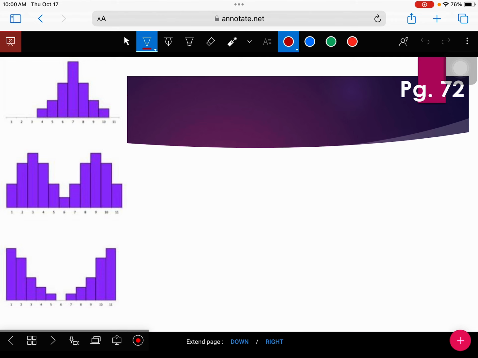This is symmetric because if you find the middle, it looks the same on the right and the left. Here we find the middle, same on the left and right. Here in the middle, same on the left and right.